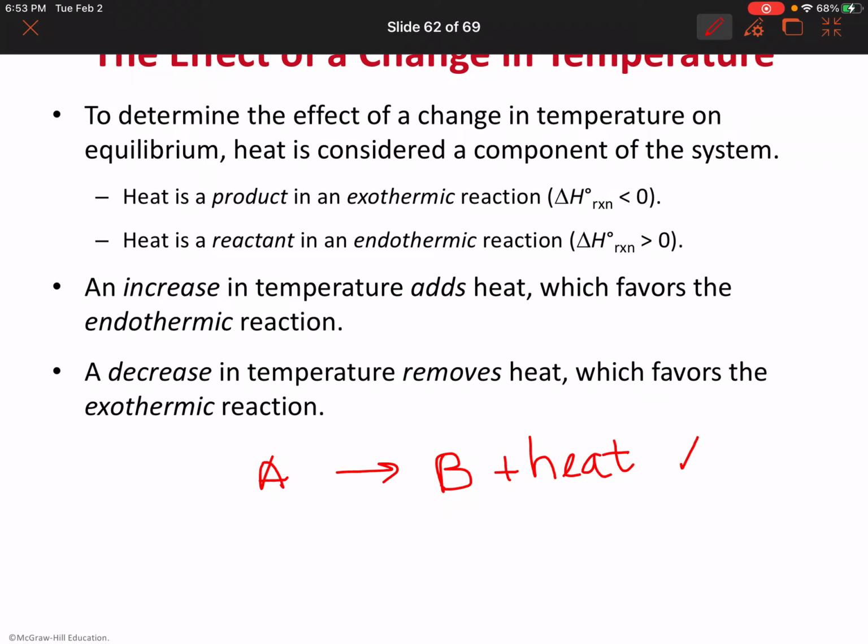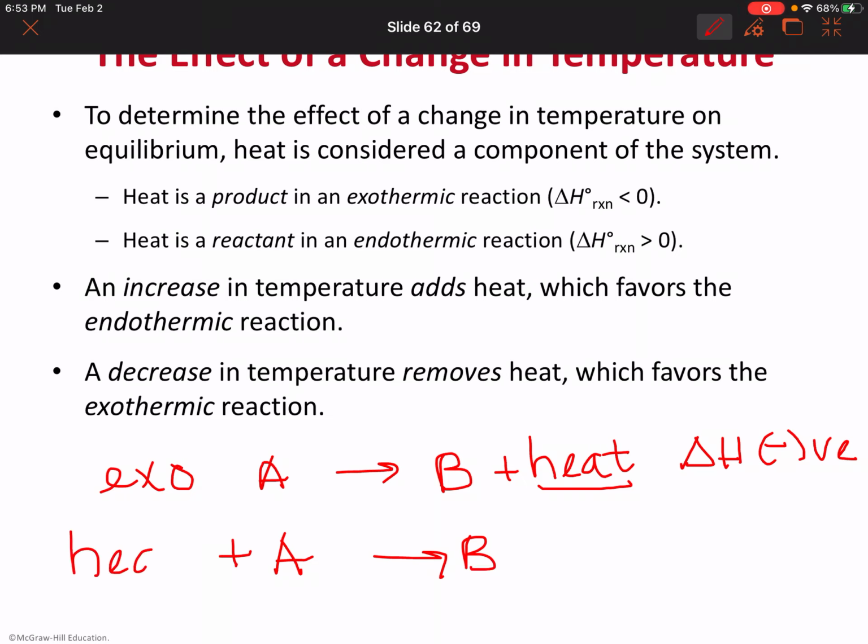Now what would be the sign of delta H? Heat is released. Delta H tells us the enthalpy of the reaction, the difference in energy from the products to the reactants. So delta H is going to be a negative value for an exothermic reaction. In an endothermic reaction, A goes to B, meaning heat is a reactant.